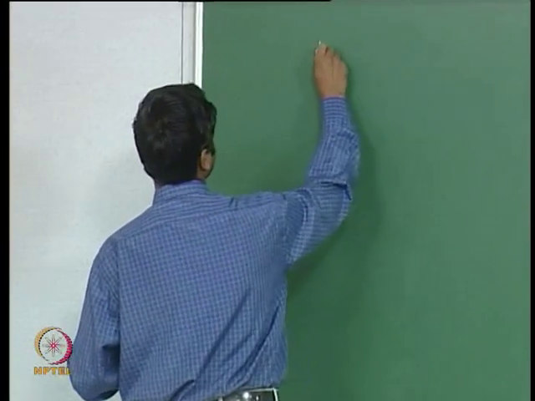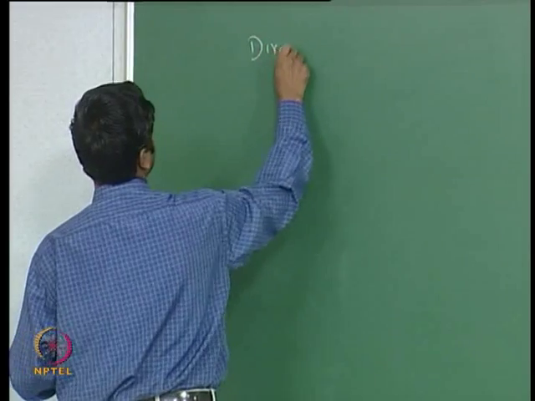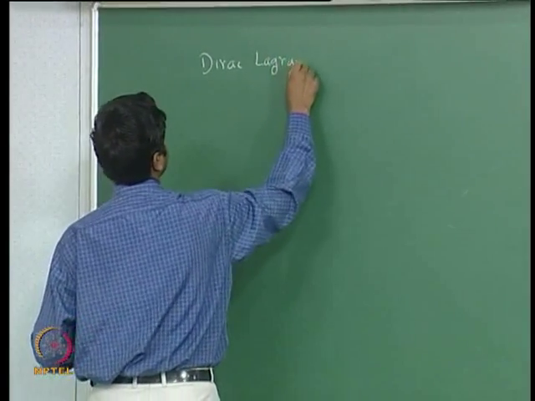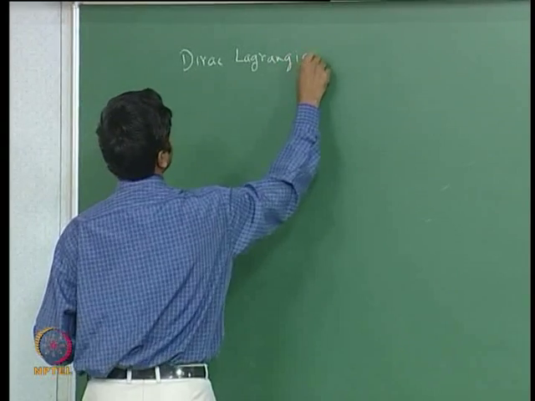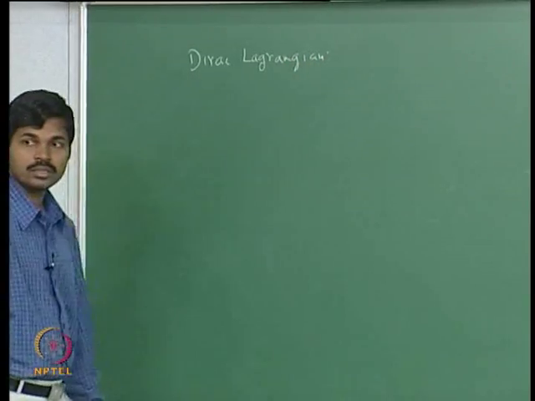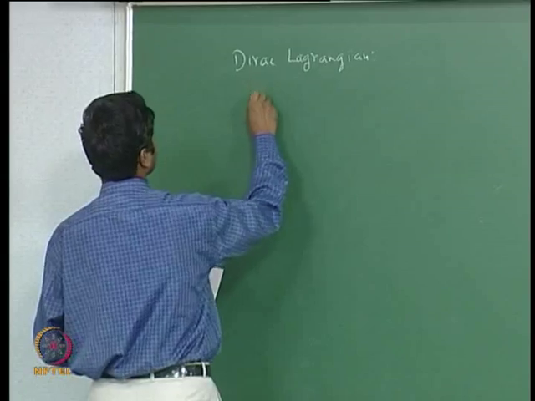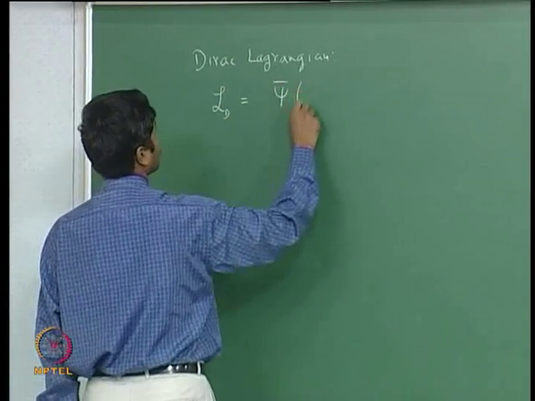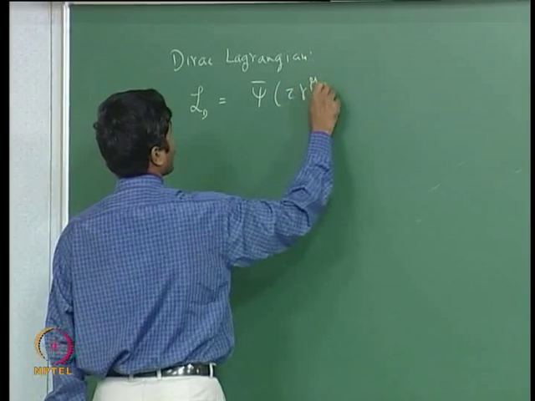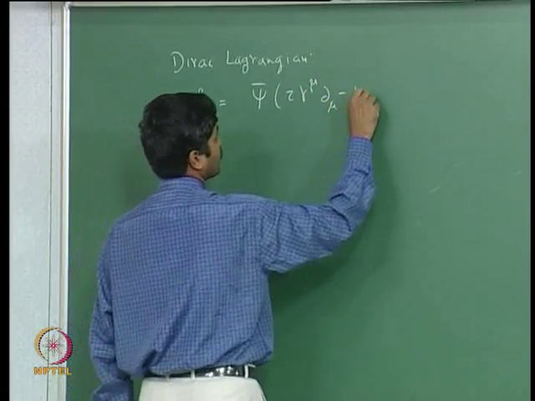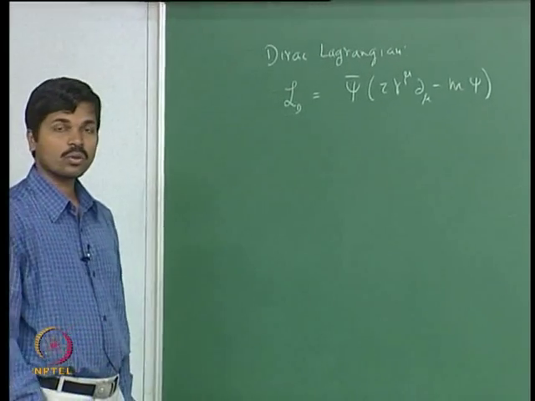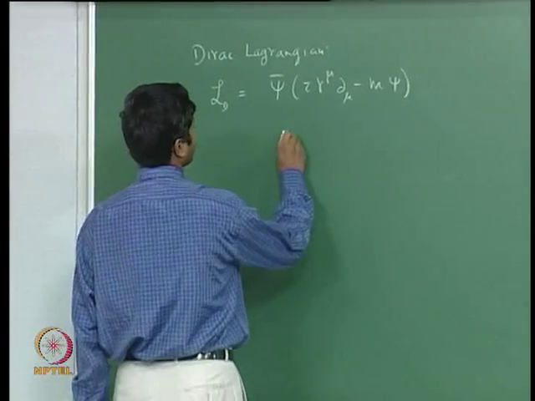You consider the Dirac Lagrangian, which is given by L_D equal to ψ̄ (iγ^μ ∂_μ − m) ψ. Now, notice that this has a global U(1) invariance.